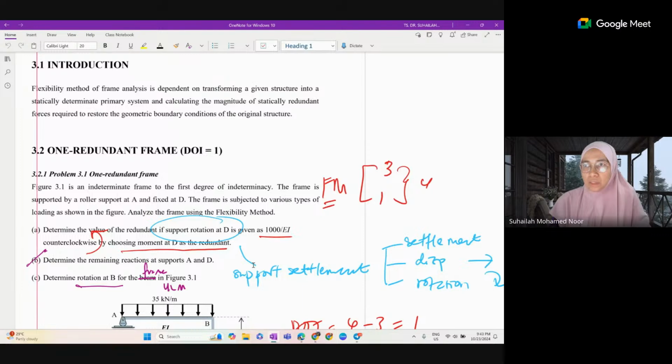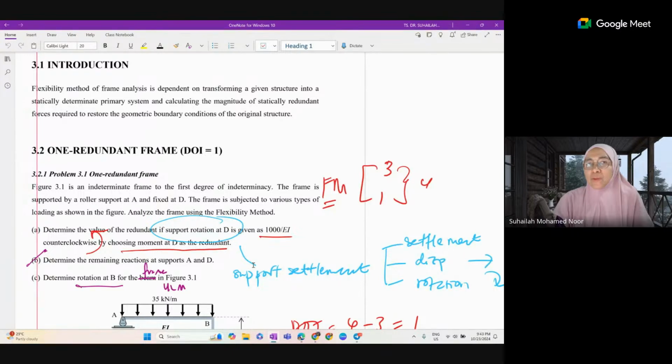Okay, this is week number 3. So in week number 3, you are going to learn about frame analysis using the flexibility method. Basically, frame analysis is similar to beam analysis, except the frame is a combination of vertical and horizontal elements.